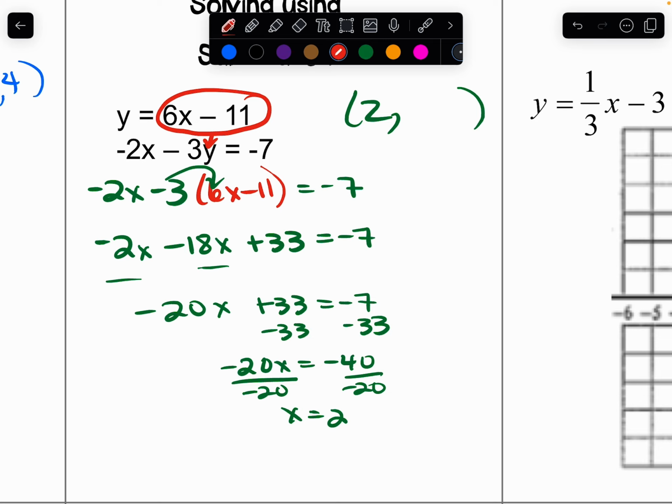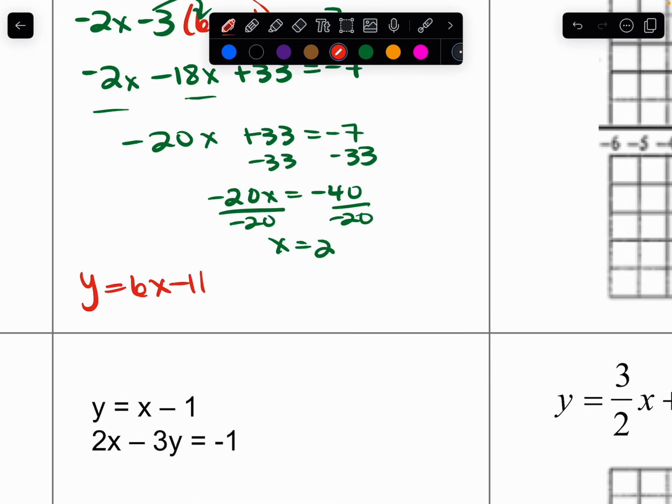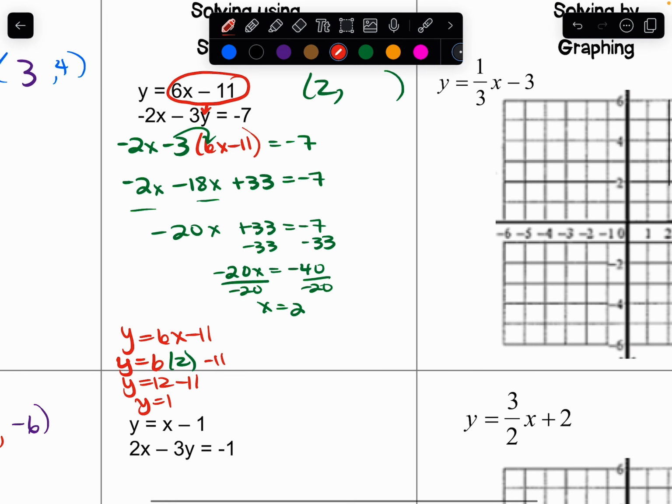So I'm going to take y equals 6x minus 11, and I'm going to replace the x with 2. So y equals 6 times 2 minus 11. So that'll get me 12 minus 11, which is 1. So it's the point (2, 1).